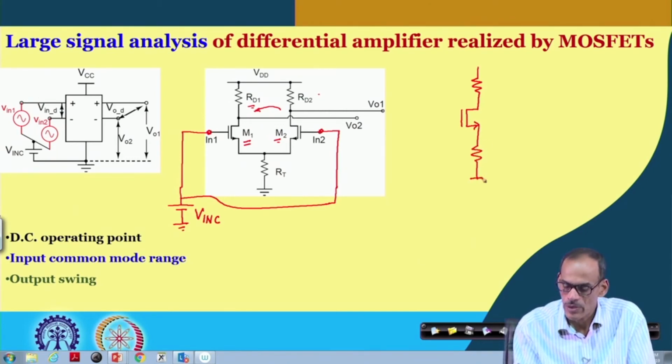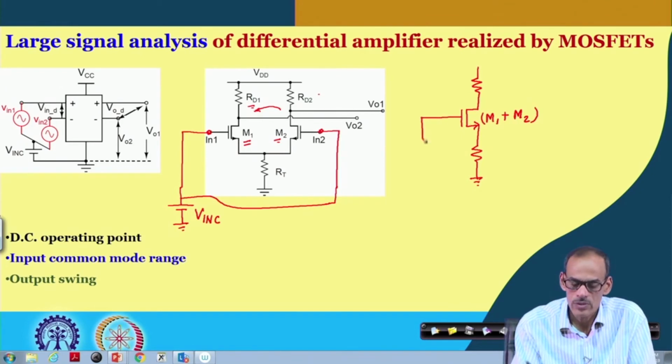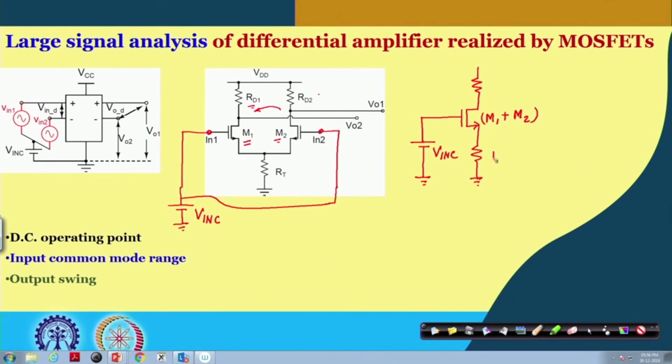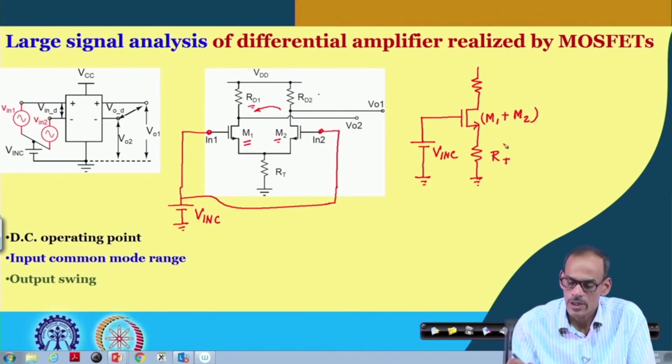chain where we have M1 and M2 connected in parallel, and then here we have V in C, and then we have RT here, and then we have two RDs in parallel.